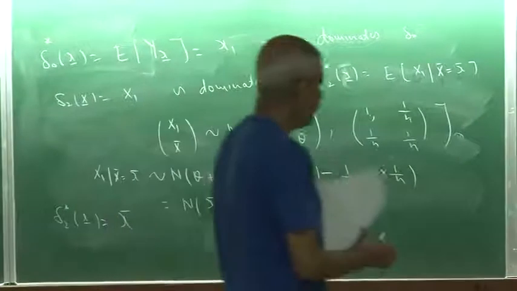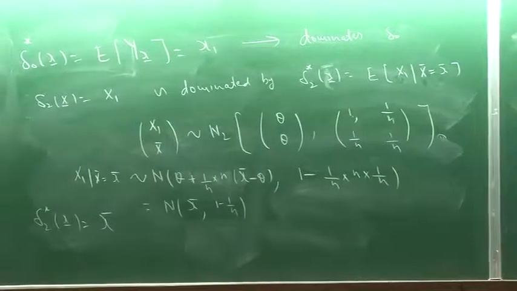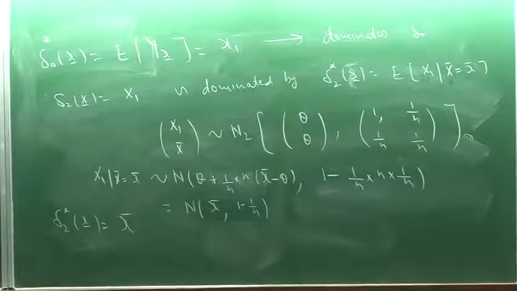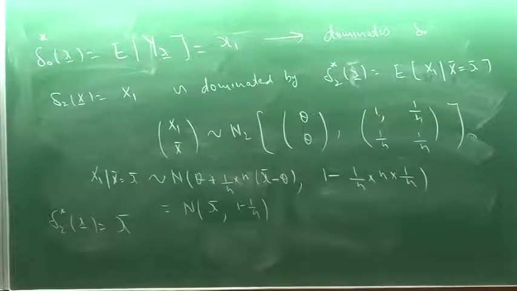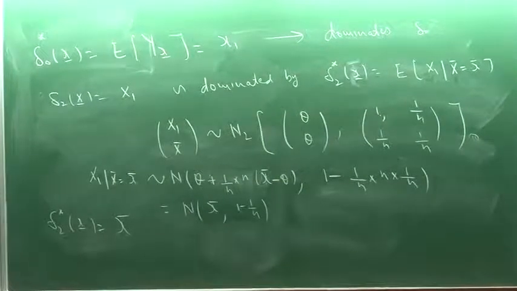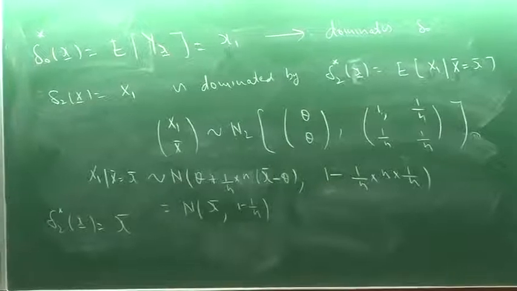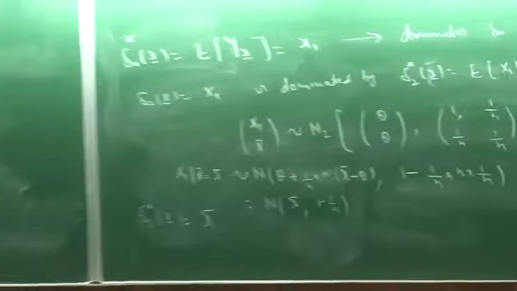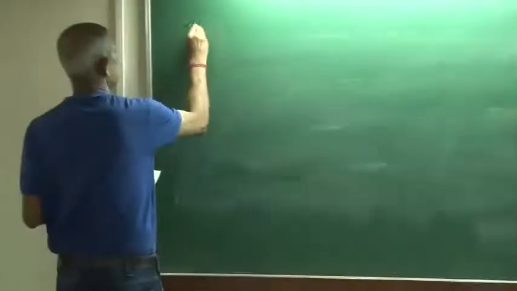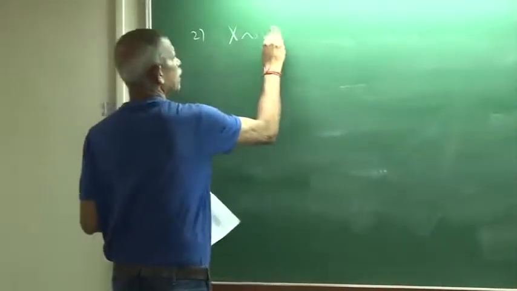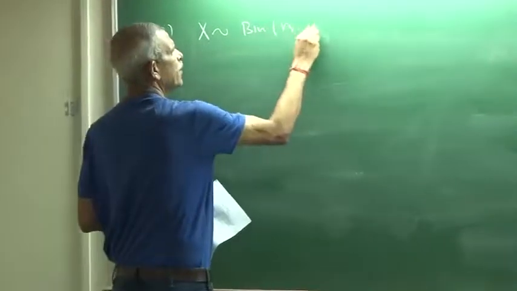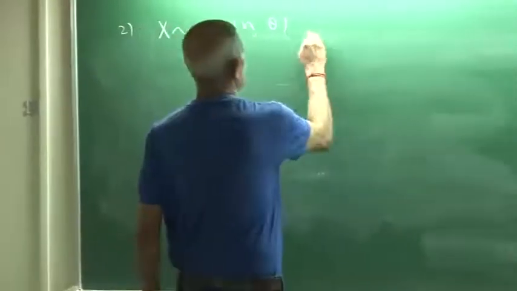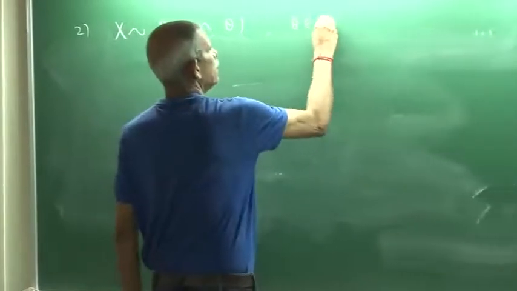Now, let us do another example. So, second is suppose x is binomial and theta belongs to capital theta, which is 0.